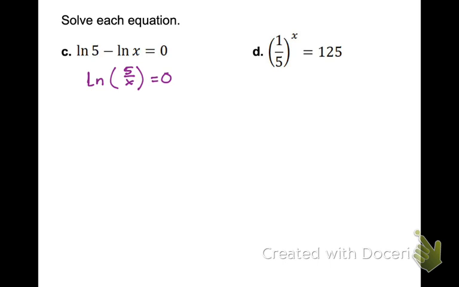When you get to the point and go, then what? That is when you switch forms. So it's e to the 0 equals 5 over x. Now, so it's going to be 1 equals 5 over x. So x equals 5.